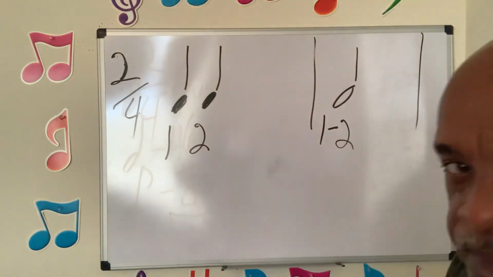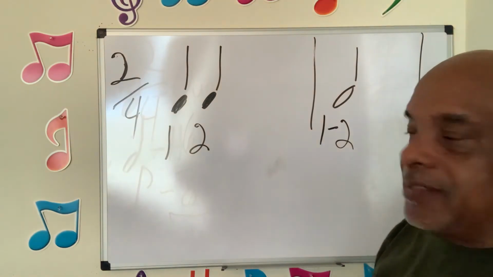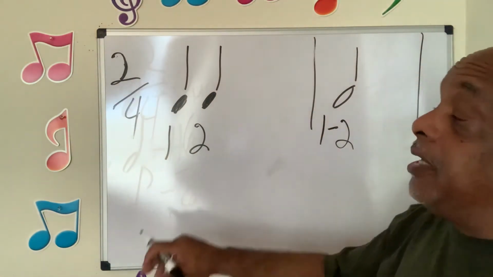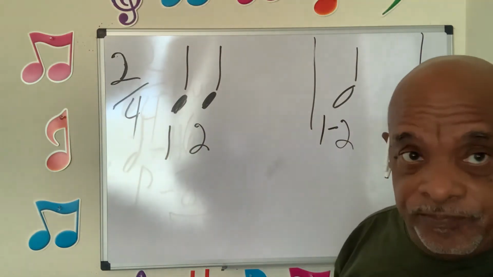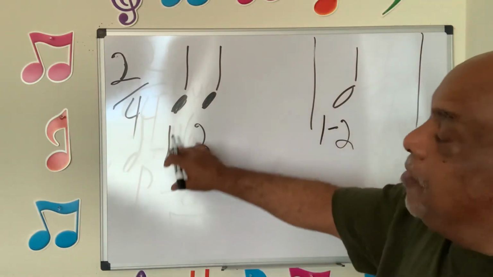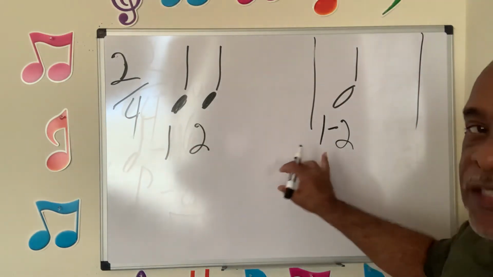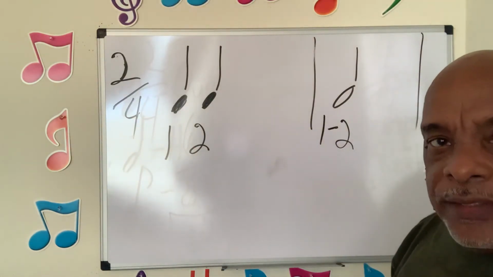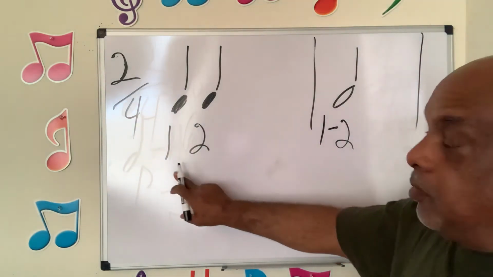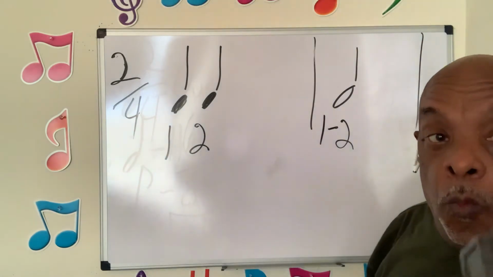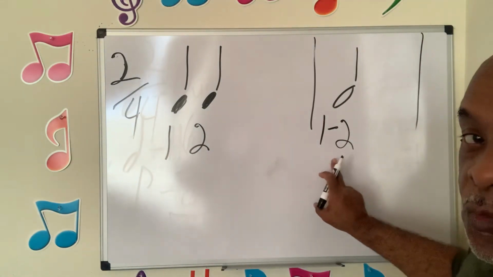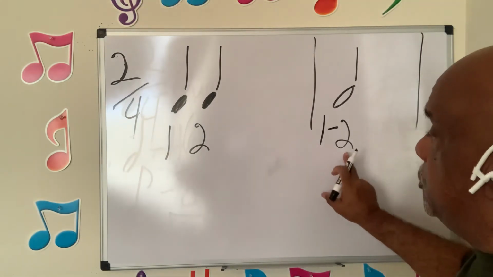All right, so what I had to do was eliminate a half note and eliminate 2 quarter notes in order for me to get 2 beats in each one of these measures. So 2 quarter notes, 2 beats. 1, 2. 1 half note in this measure will give me 2 beats. 1, 2.